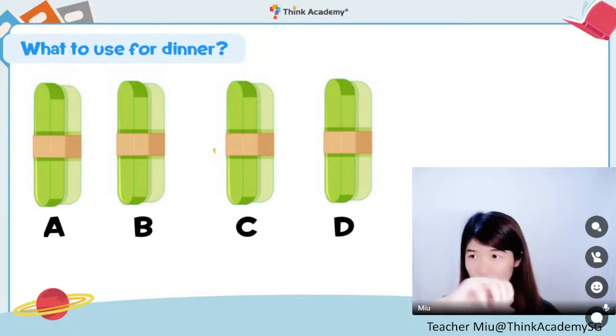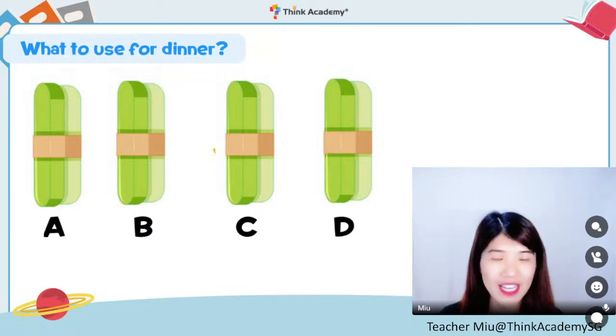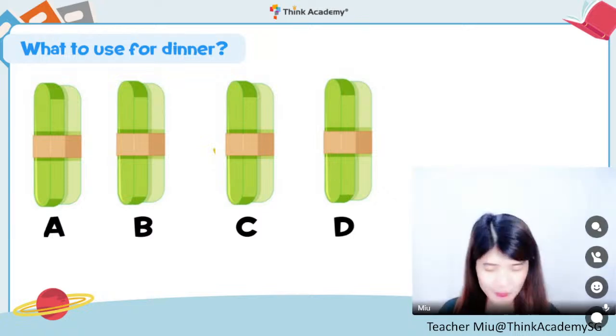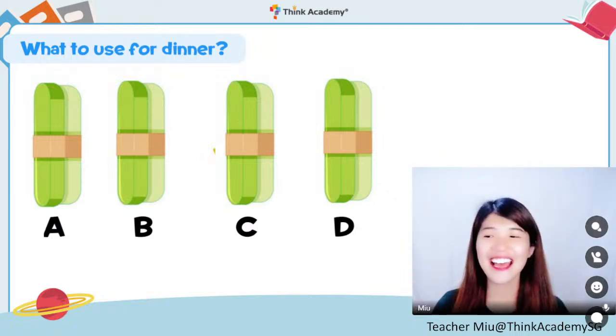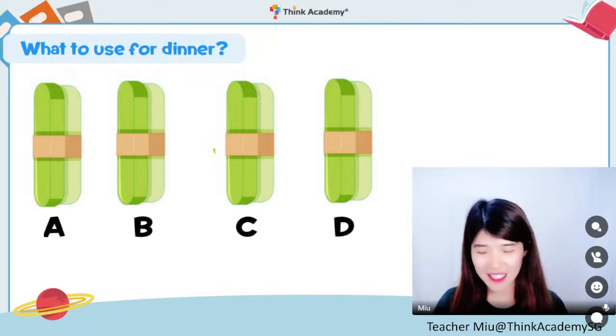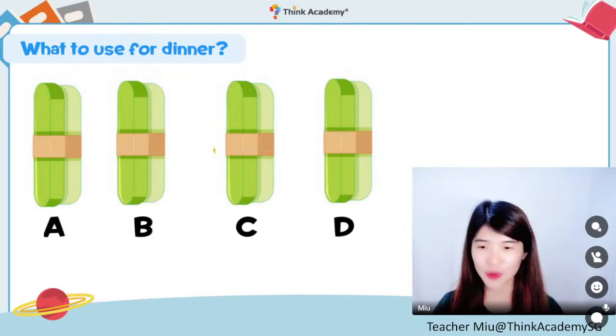Yeah, so just now you voted for me to have the caters for my dinner, but what can I use for my dinner? So now guys, please vote. What should I use for my dinner? Yeah, just vote for me to have my dinner. Sorry for the overrun because of the technical issue. So guys, what should I have? Okay, thank you. In the YouTube side, I have more C's.